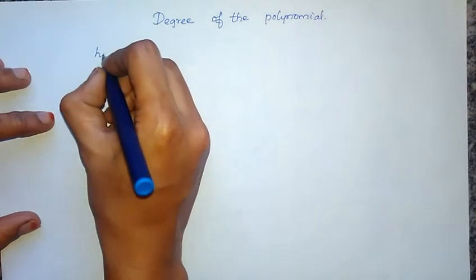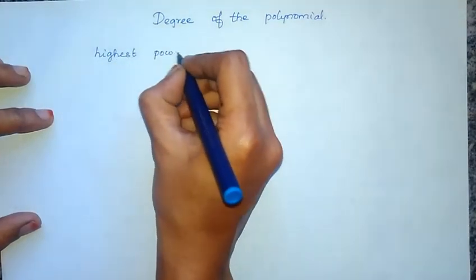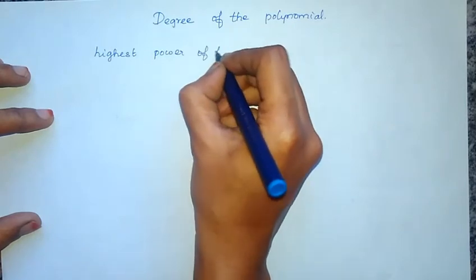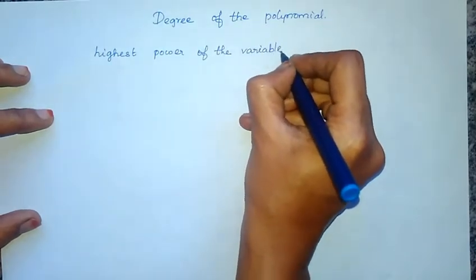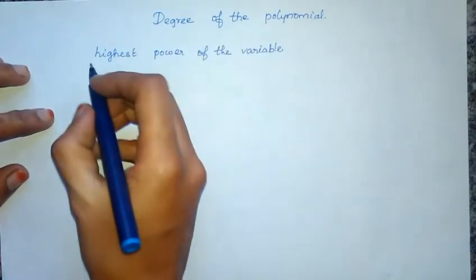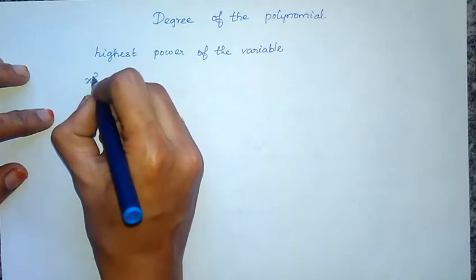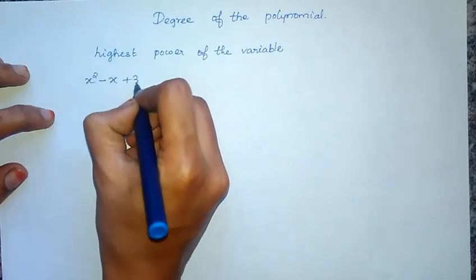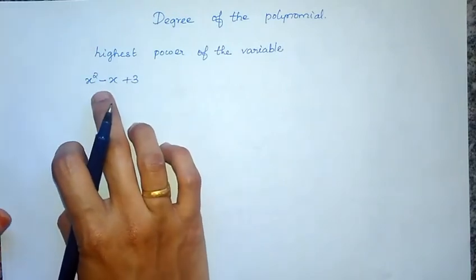So, highest power of the variable. Highest power of the variable in a polynomial is called degree of the polynomial. For example, x square minus x plus 3. This is a polynomial. What is the highest degree here?